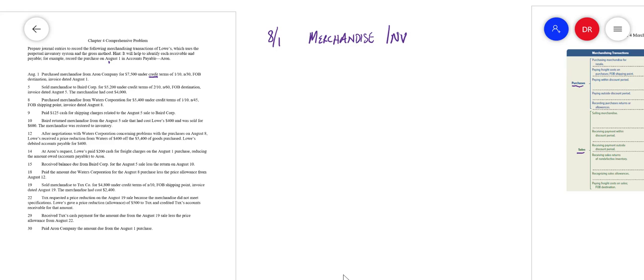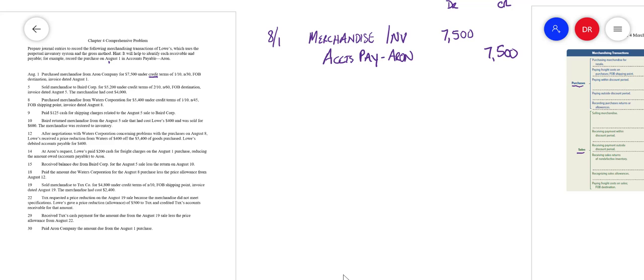The debit will be for $7,500, and the credit will be to accounts payable for Aaron. So we are increasing both the inventory and the accounts payable. So the debit is here, the credit is here. That's the first journal entry.